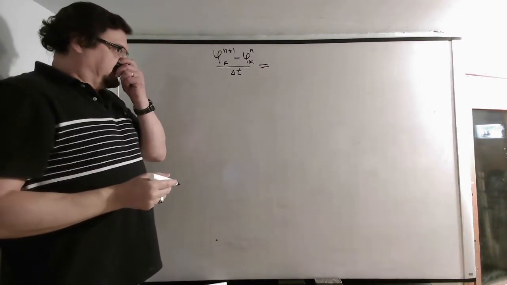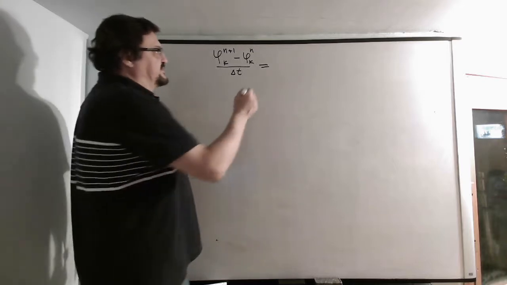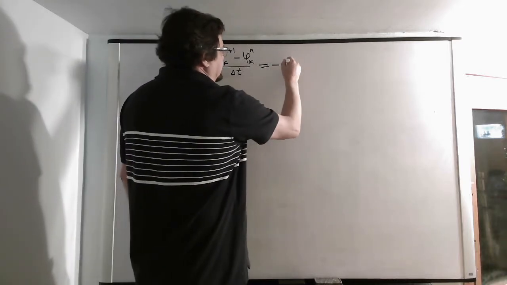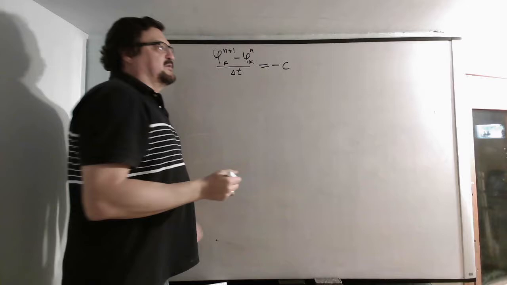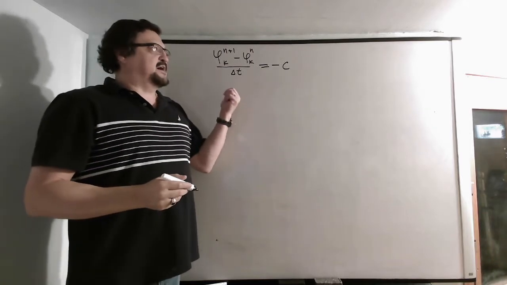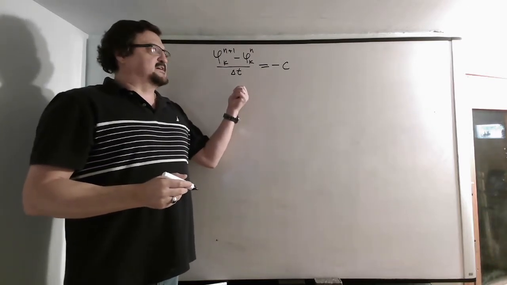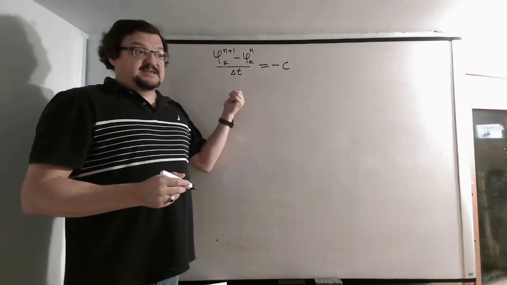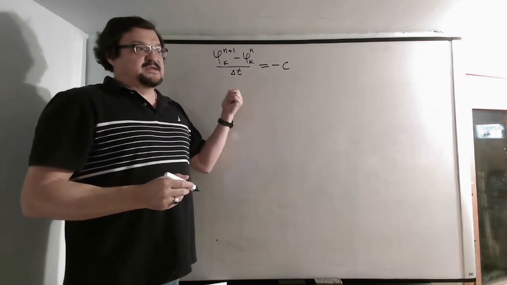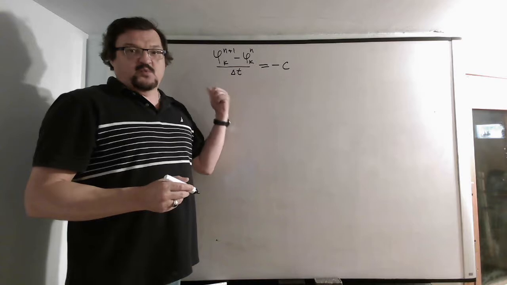Like in the case of advection operator, we have like minus c. And then when we use upstream bias scheme, we have this stable scheme for certain mu, or this Courant number should be smaller than 1.